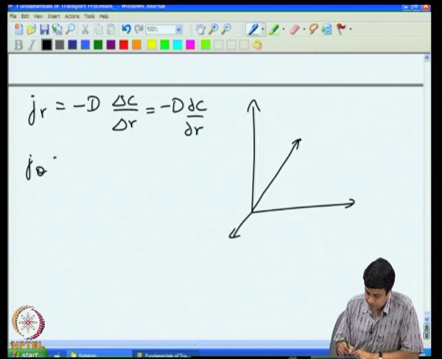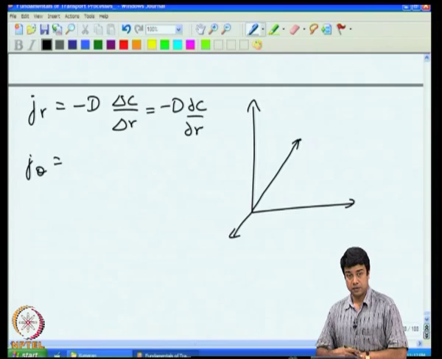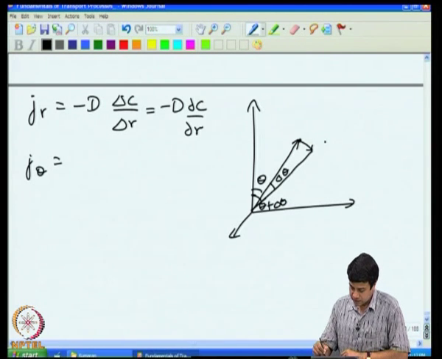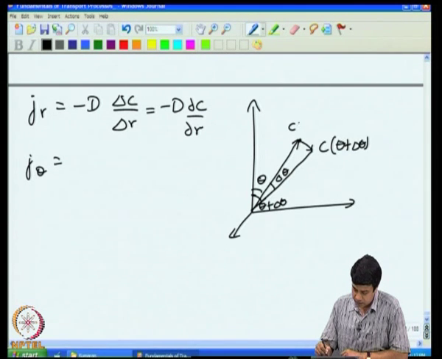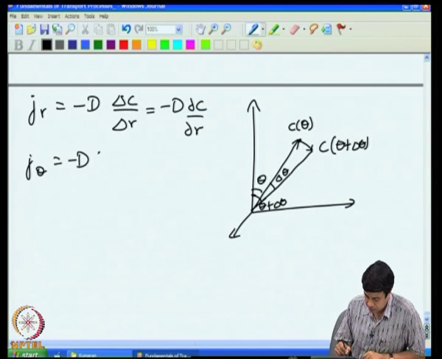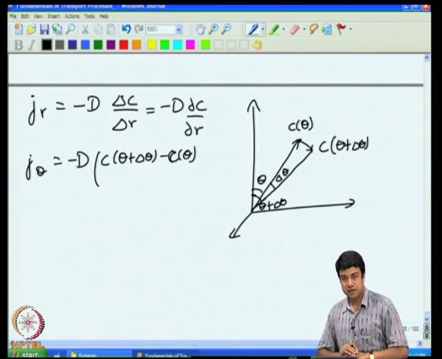What is j theta? So, I start at some value theta, then I go to some other location theta plus delta theta, such that this angle is delta theta. So, I take c at theta plus delta theta, c at theta. This j theta is equal to minus d times c at theta plus delta theta minus c at theta divided by the distance travelled.